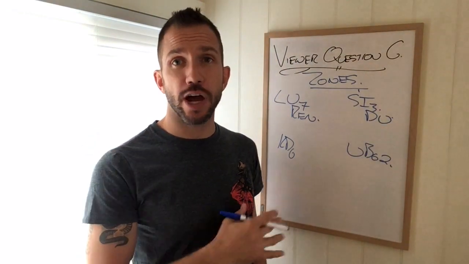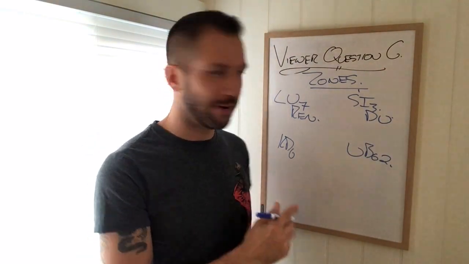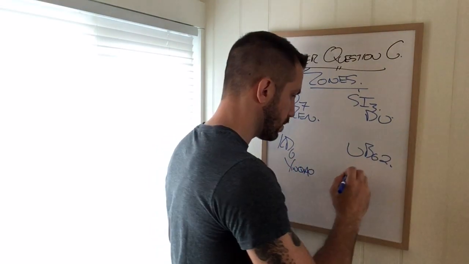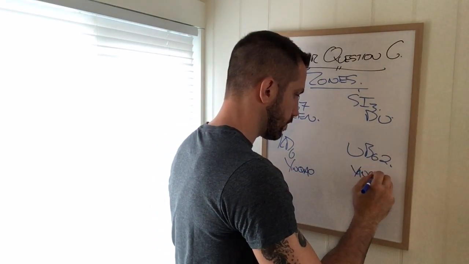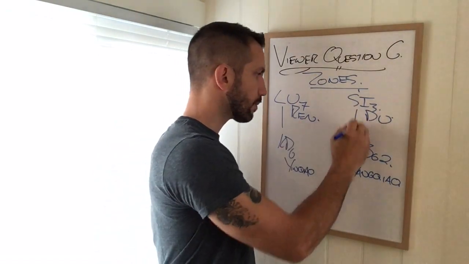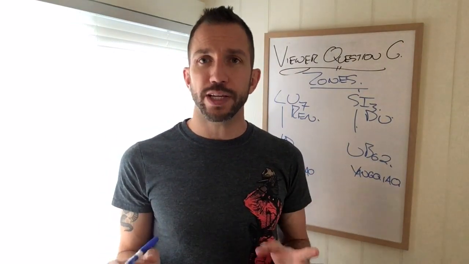Kidney 6, Yin Chao. UB62, Yang Chao. Now, they are confluent pairs because they only work when used together. But let's look at them in terms of zones and what they treat.